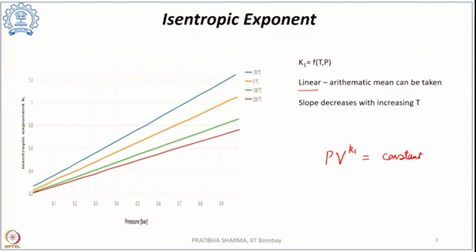When we consider the variation to be linear, the calculation becomes simpler and we can take the arithmetic mean of the two states to find the exponent. Also, we can see that as the temperature increases, the slope of the isoentropic exponent decreases; this is the highest temperature in this graph.